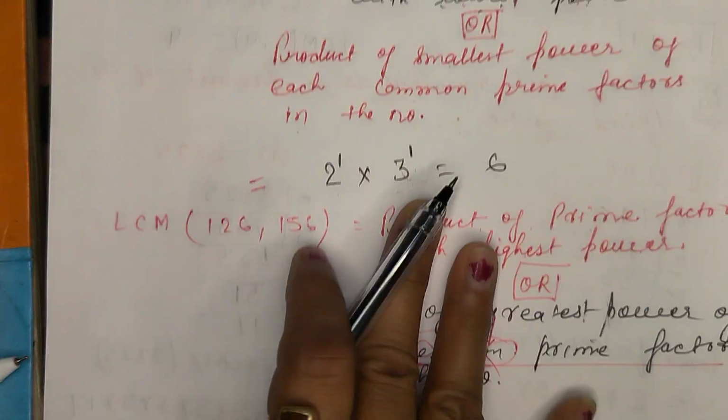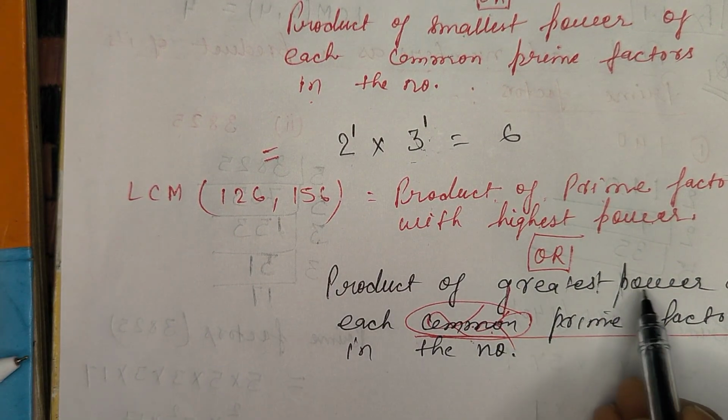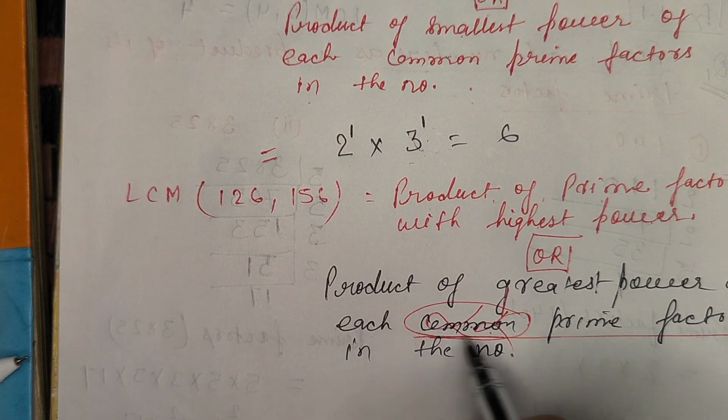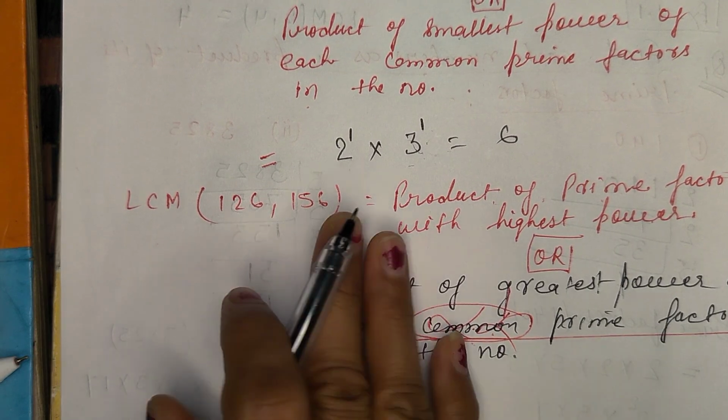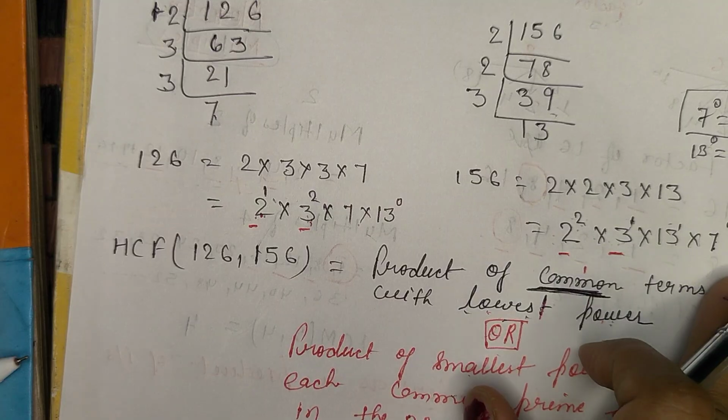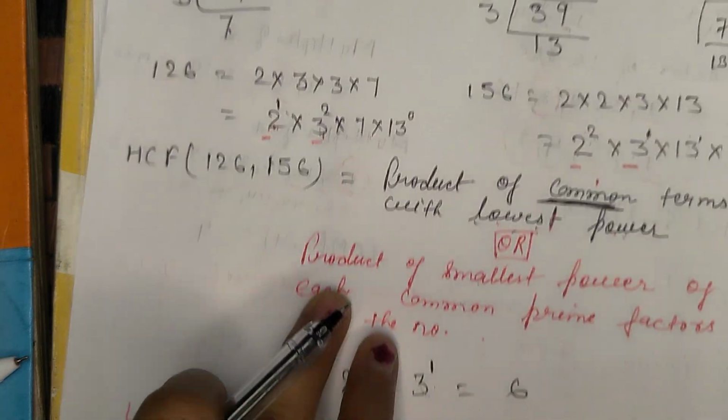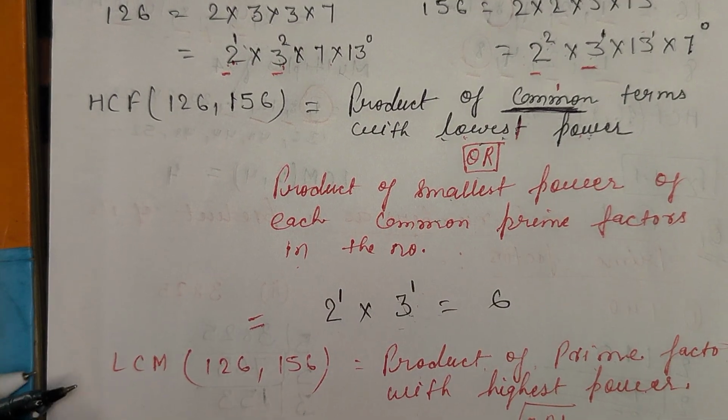Then the definition says, product of the greatest power of the prime factors in the numbers. These are the prime factors. We take the highest power.